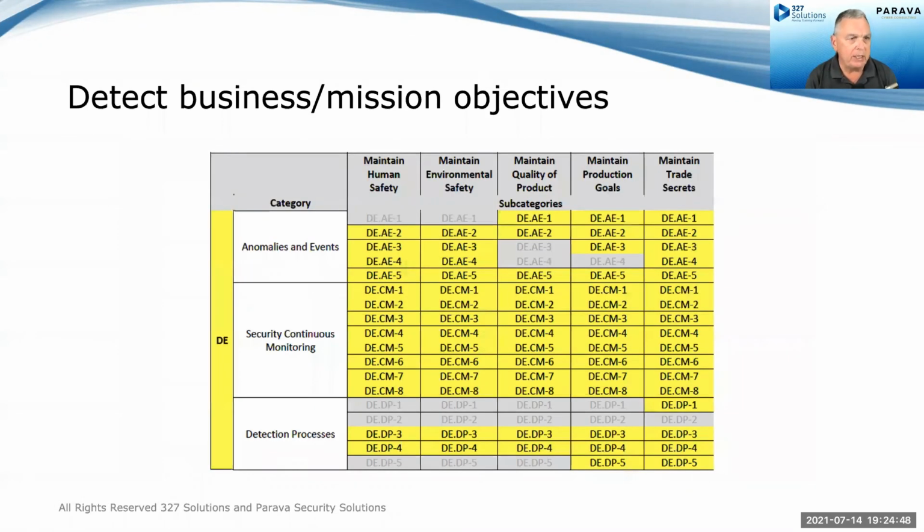For the detect category, you have anomalies and events, security continuous monitoring, and detection processes whose controls also support maintaining human safety, environmental safety, the quality of the product, production goals, and trade secrets.